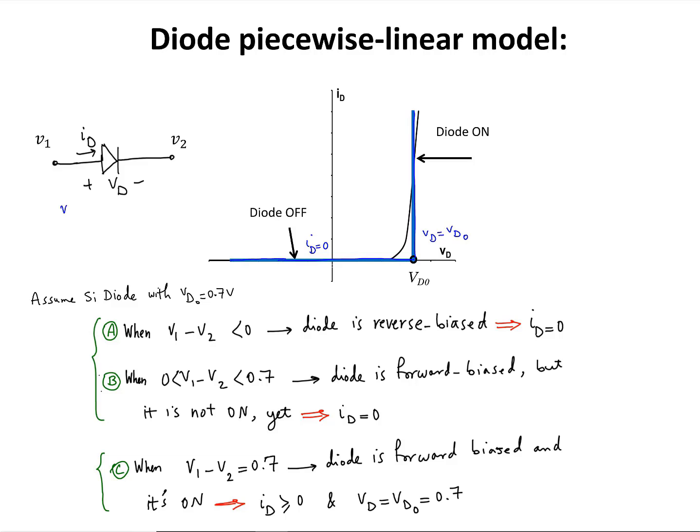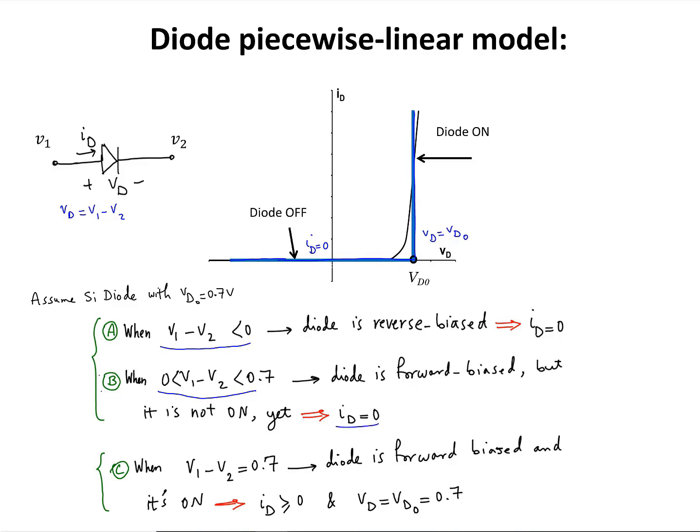Now I can write VD as V1 minus V2, where V1 and V2 are the node voltages at the two terminals of the diode. Assuming that we have a silicon diode with VD naught equal to 0.7 volts, if V1 minus V2 is less than 0, then the diode is reverse biased and ID is equal to 0. When VD is a positive value but less than 0.7 volts, the diode is forward biased, but it's not on yet.